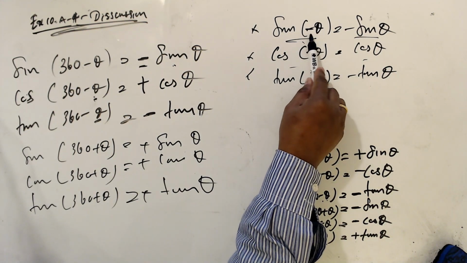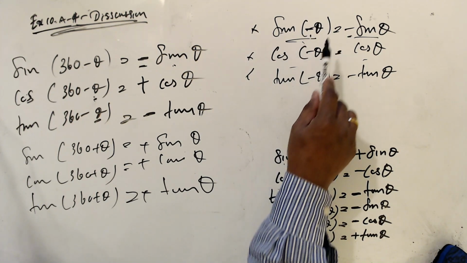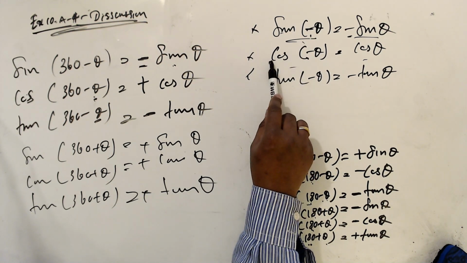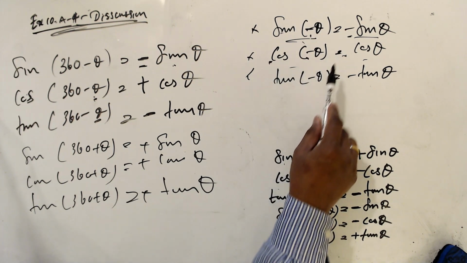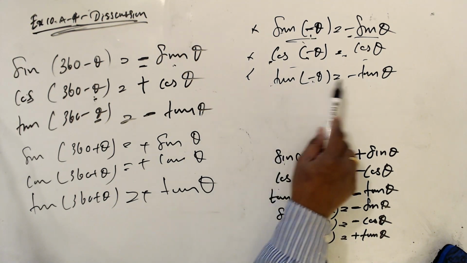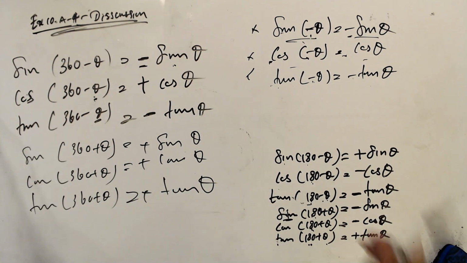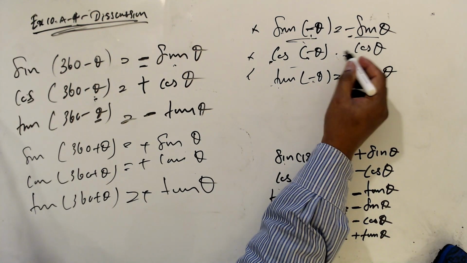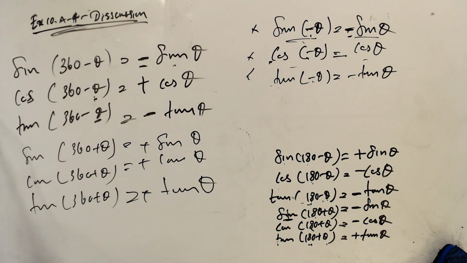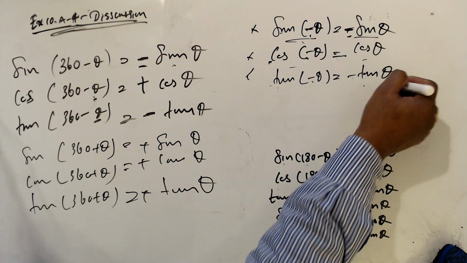Minus theta is in the fourth quadrant, where sine is negative. Minus theta in the fourth quadrant, cos is positive. Minus theta in the fourth quadrant, tan is negative. You can remember that as well now. Simply write the same ratio first, then the theta.